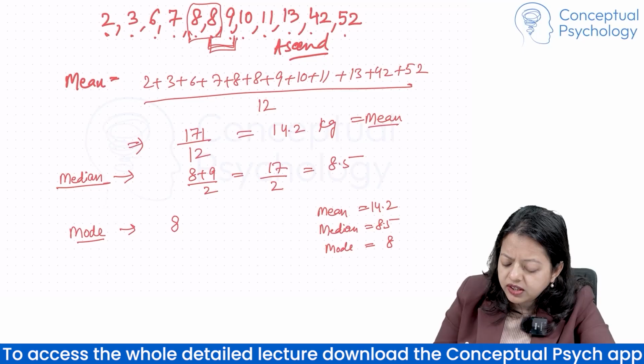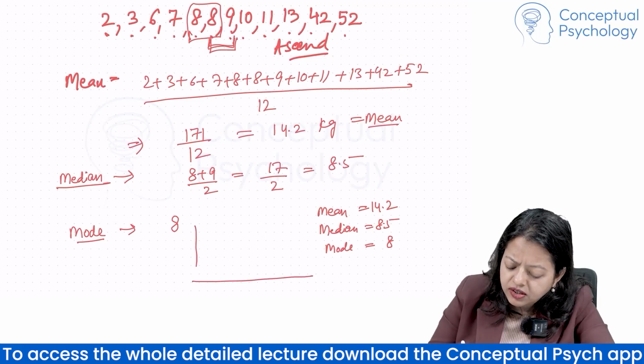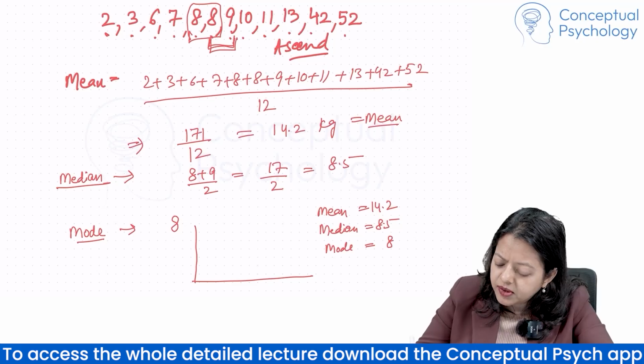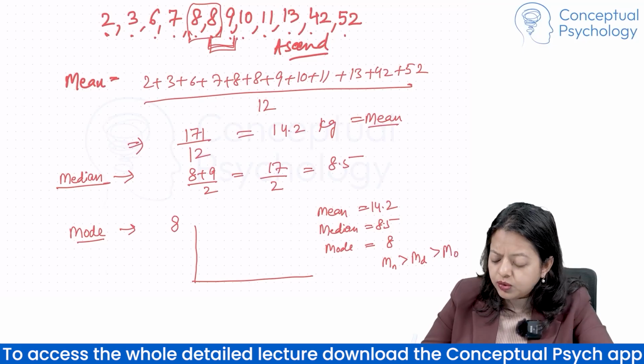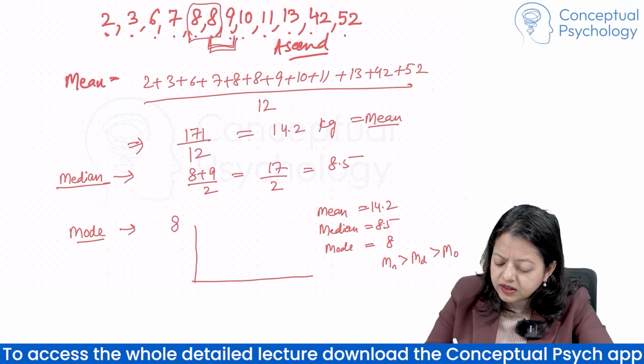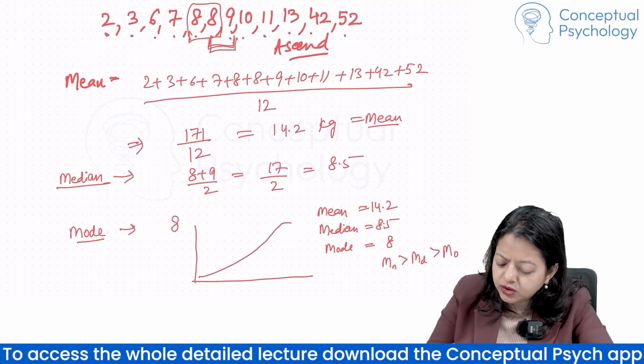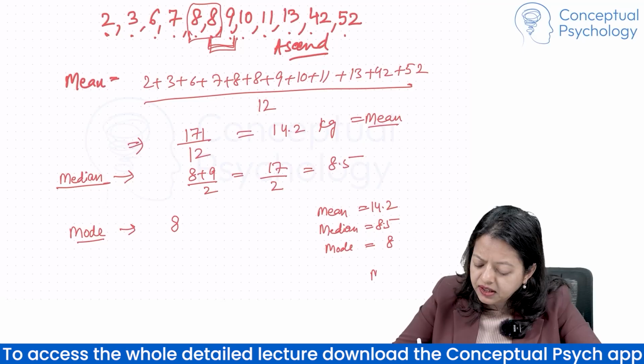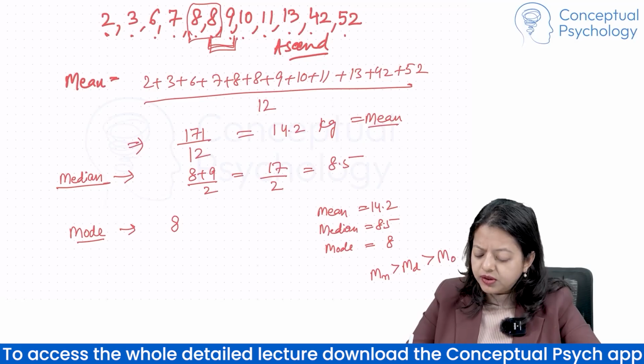And if we plot it on a graph, we will see that mean is bigger than median and it is bigger than mode. So it's going to be like this. So here mean is bigger than median and it is bigger than mode.